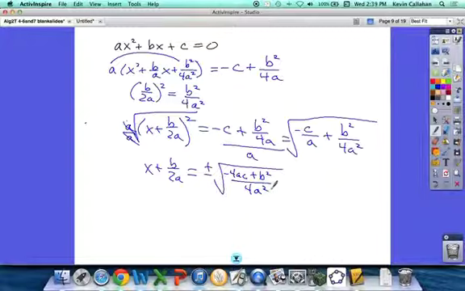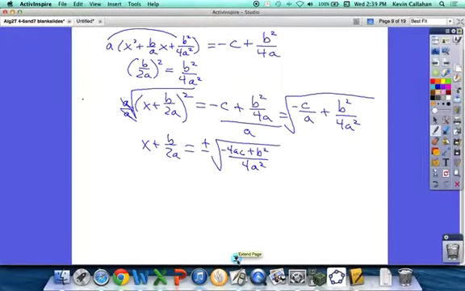Right? Now there are two things we can do that start to make this look like the quadratic formula. One, we can switch the order of negative 4ac plus b squared, and make it b squared minus 4ac.